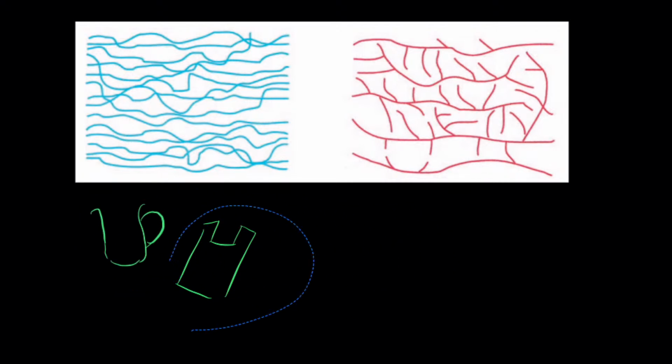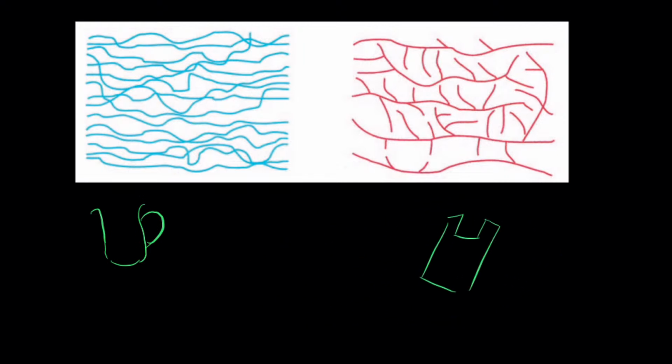And the second one is your polythene bags. Big shock. More contact points. It has more contact points. Makes sense, right?